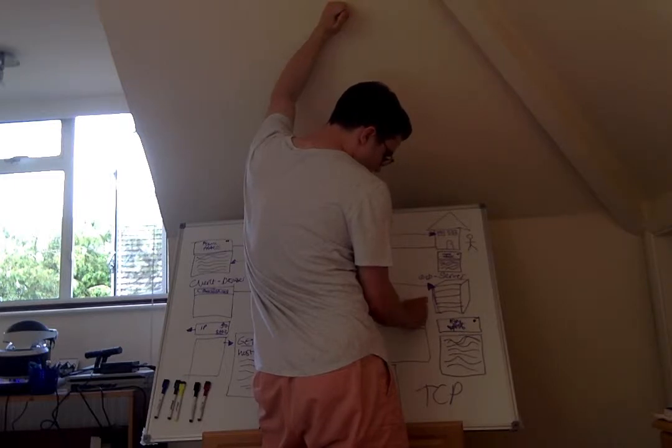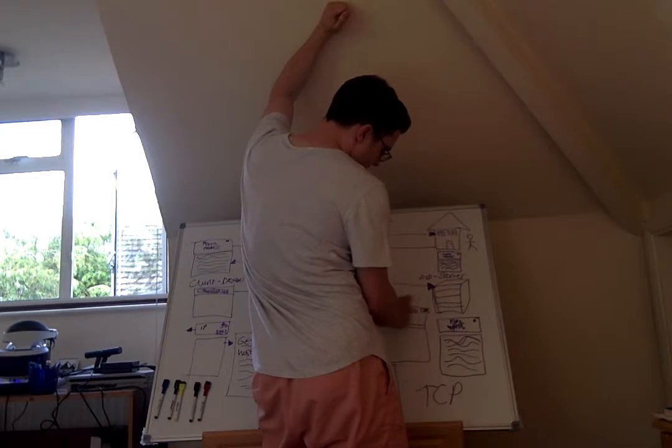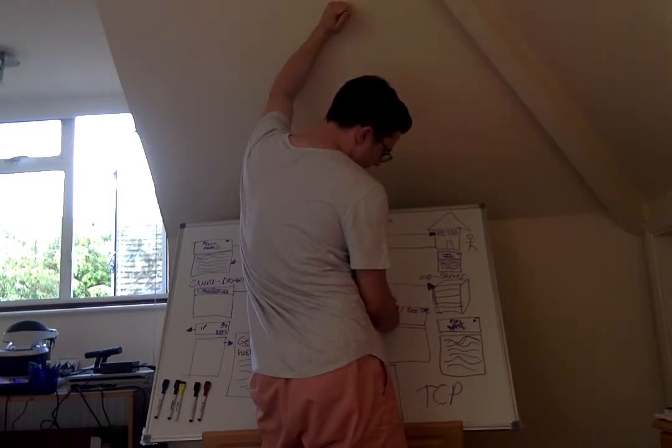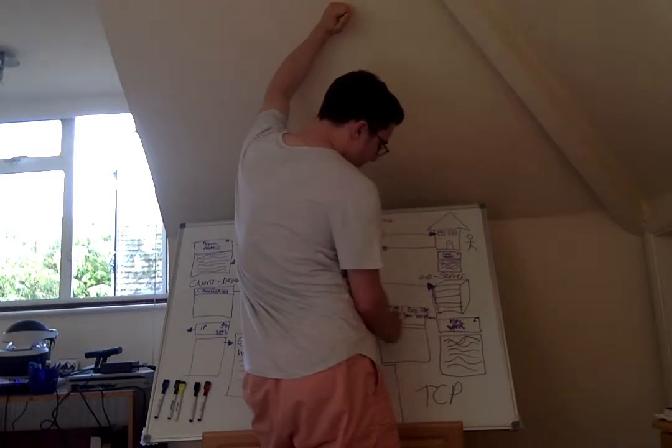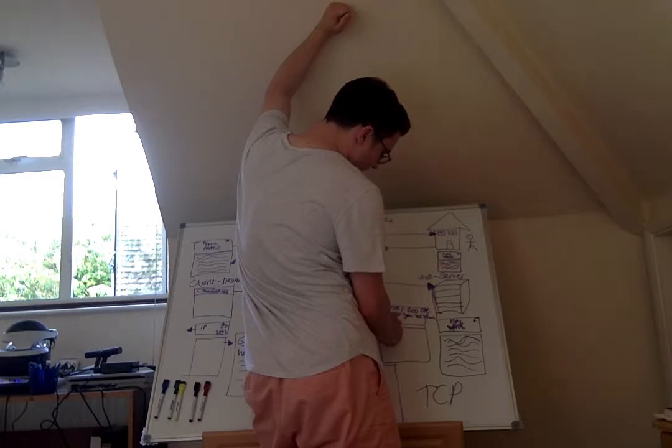There's going to be a status code, and then the word hopefully okay, and then, okay, I remember, HTTP 1.1, and then content type, text/HTML.